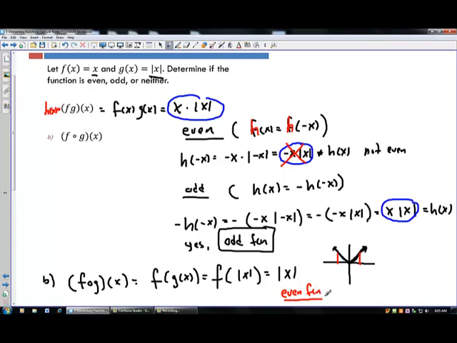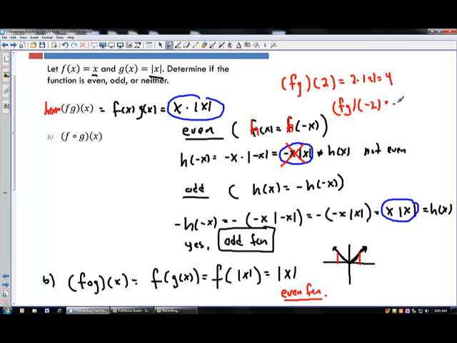Now there are other ways to go about this. Like in part A, this is probably the longest way I could do this. You could also plug in numbers here. You could look at, what is f times g of the number, I don't know, 2 versus f times g when you plug in -2. And you'll see here, if you do this, you're going to get 2 times the absolute value of 2, which equals 4.